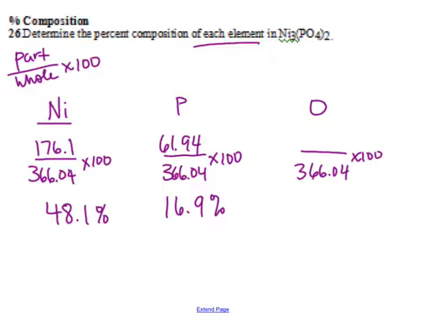So 8 times 16, oh, you did the percent. Tell me the number. All right, 128 grams per mole for that, and that's 35.0%. Looks to me like that came out to 100.